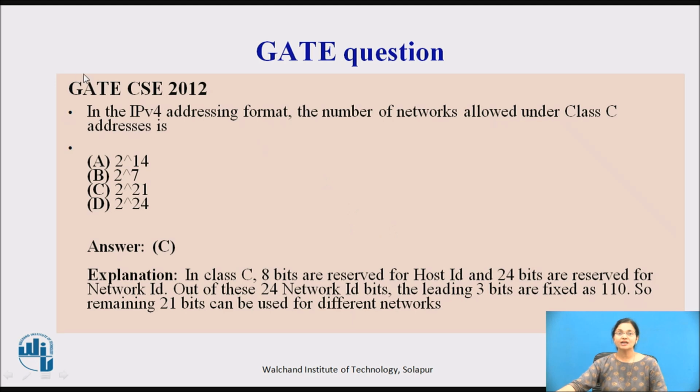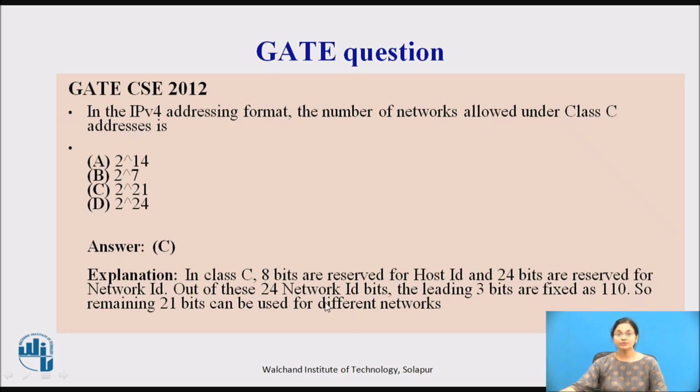The question was asked, we have started with IPv4 address format, we are under class C. So how many addresses are allowed for the network? So here we have already seen that, this 2 raised to 21, that is class C, 8 bits are reserved for the host ID and 24 bits are reserved for the network ID.